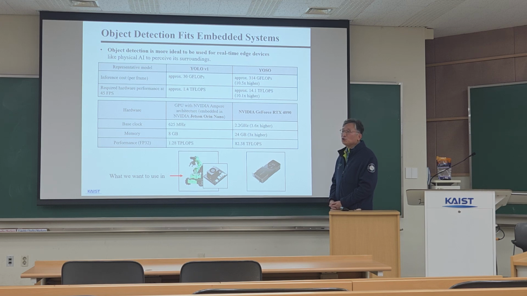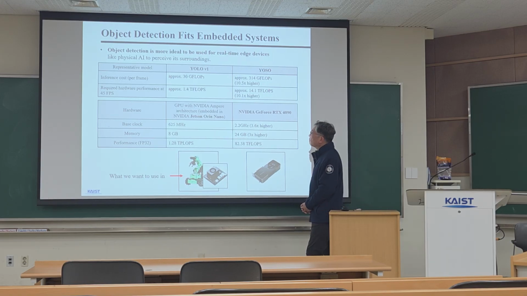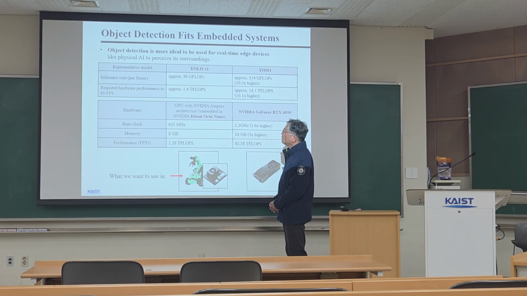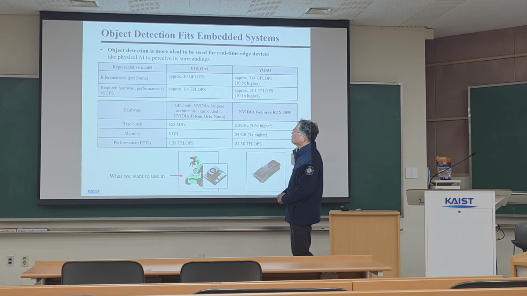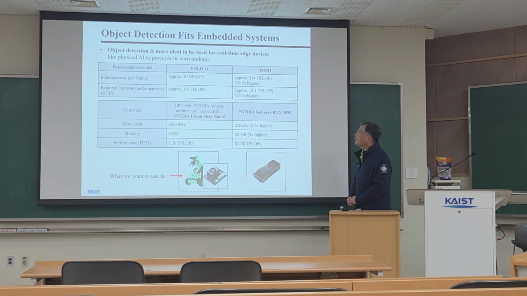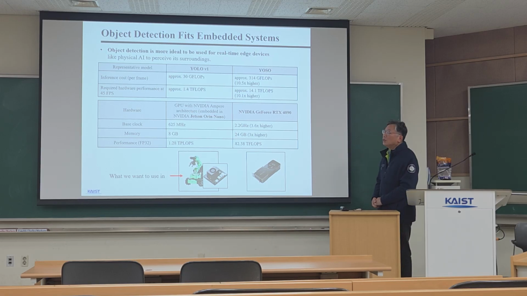Okay, so if you're sure about what you want to detect, I think object detection is okay. And this slide shows the inference cost and the hardware computations that are required for YOLO versus YOSO. YOSO is a segmentation algorithm, okay? And it does that in real time as well.